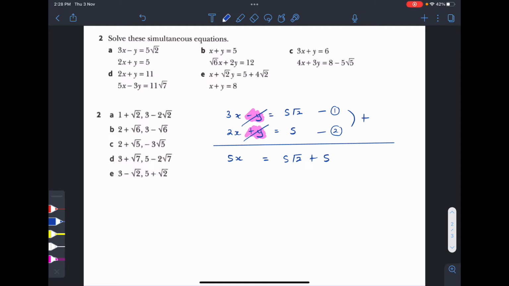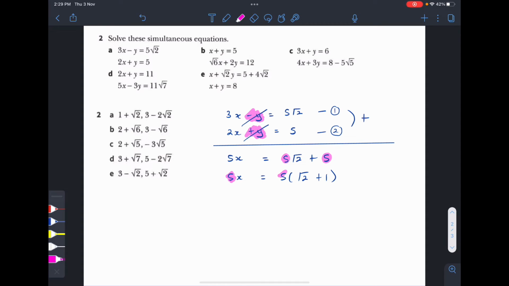Okay, so this is what we have right now, and again we need to do some factorizing because there are 2 5s over here. So let's factorize out the 5. So 5 times (√2 plus 1). I think I'm going to cancel out the 5. You see, there are 2 5s here.